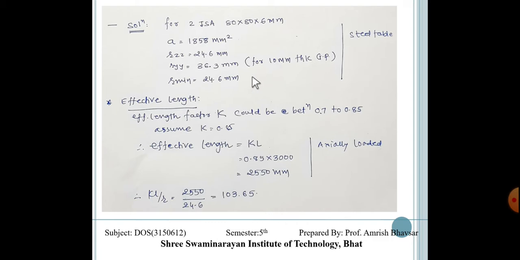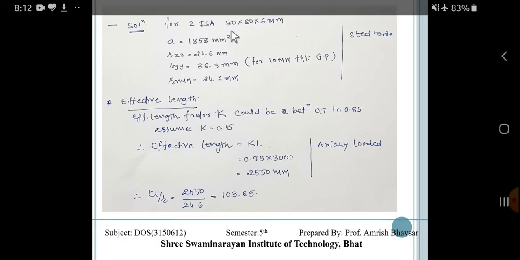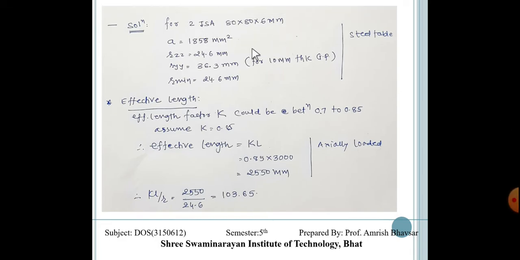Now, for the 2 ISA 80 by 80 by 6 mm, the area is 1858 mm square, rzz 24.6, ryy 36.3 for the 10 mm thick gusset plate. So r minimum is equal to 24.6.